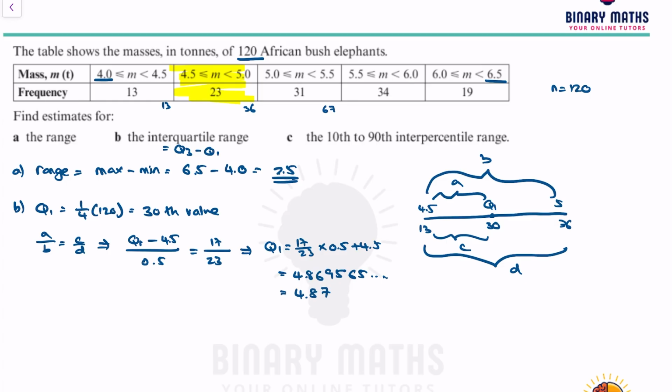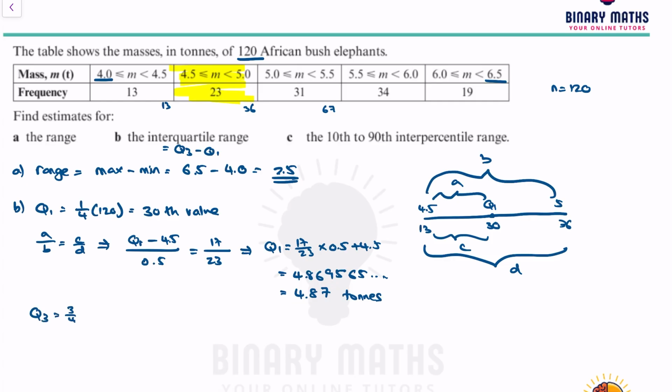These were measured in tons. So that's 4.87 tons. Okay, now I need to do the same thing with Q3.